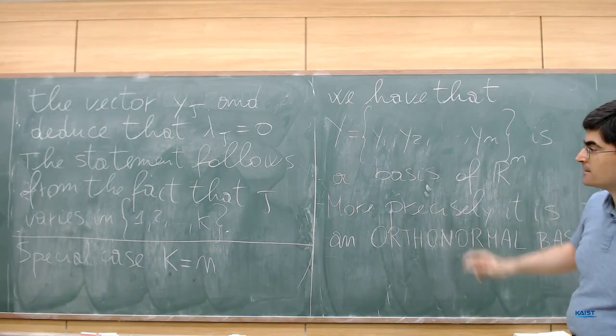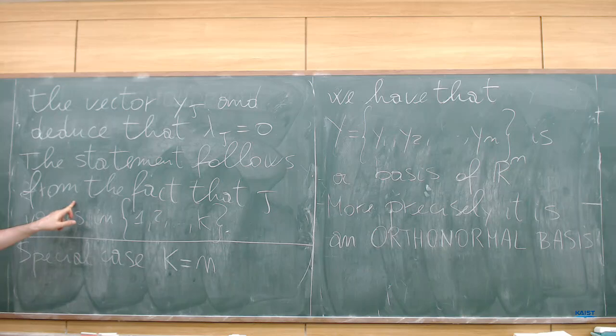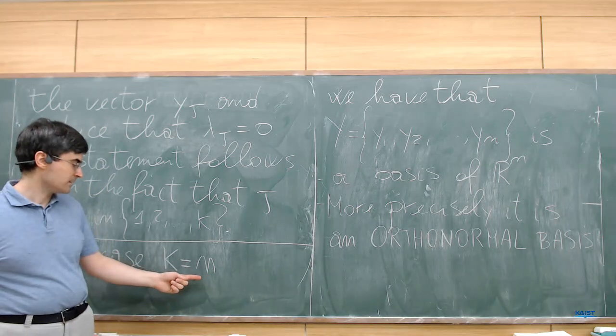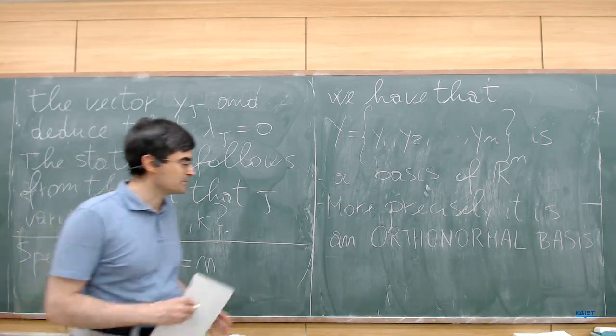Why is this a basis? Because these vectors are linearly independent, we proved it before, and you have a number of them which is equal to the dimension of the space you are considering.